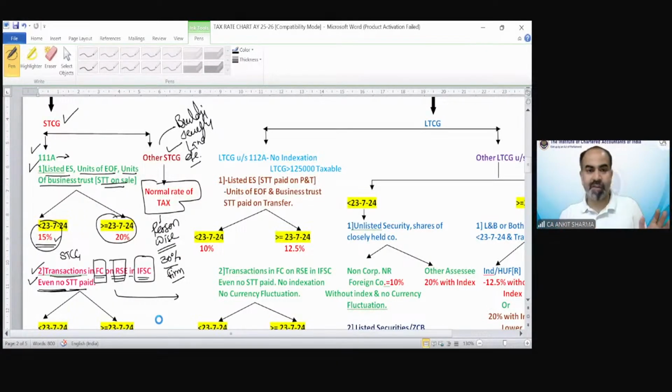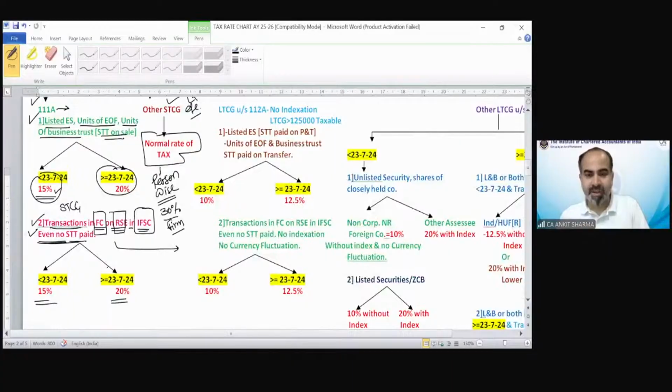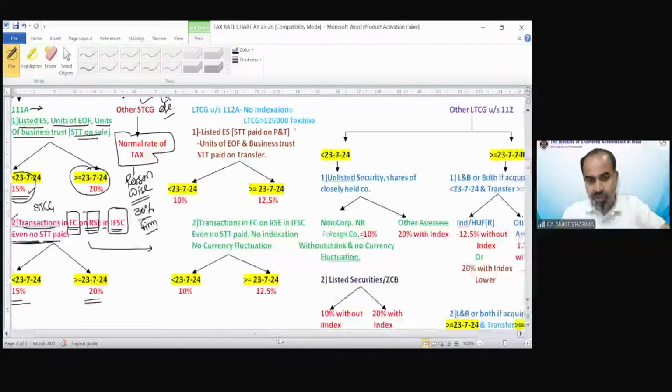Short-term calculation we have seen over here, and the short-term rate provision has ended. So now what is left is just long-term capital gains, rates, applicability. At least you should understand now that in case of short-term, I have to apply either 15% or 20% or the normal rate of tax. Clear? Moving on to the long-term capital gain provision.